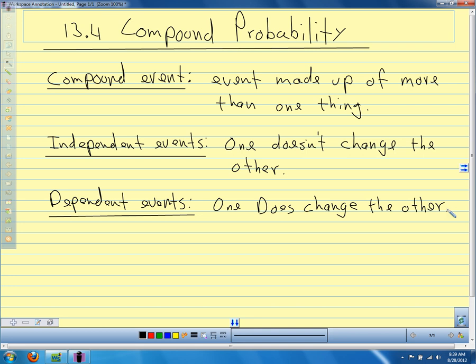So dependent events, one changes the other. So the example I gave, picking a king and then picking another card where we don't put one back. How about tossing heads on a coin and then picking a 2 from a deck of cards? Are those dependent or independent?